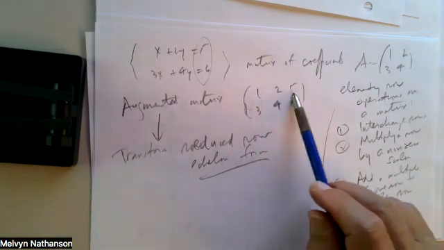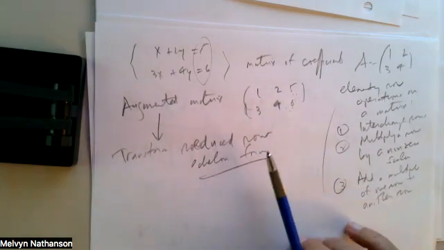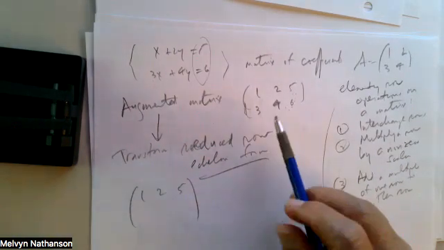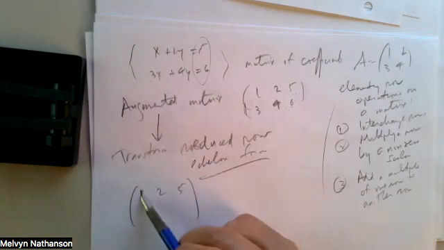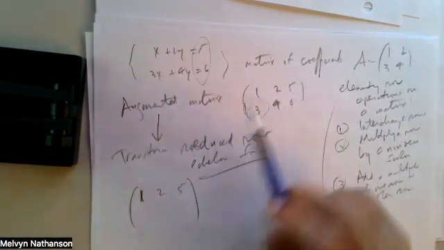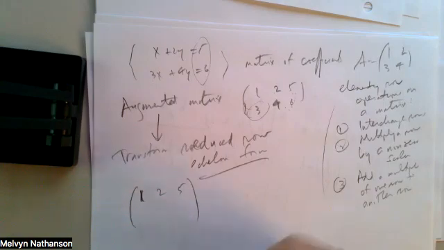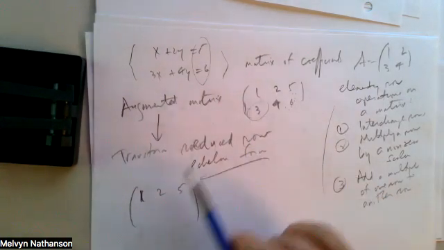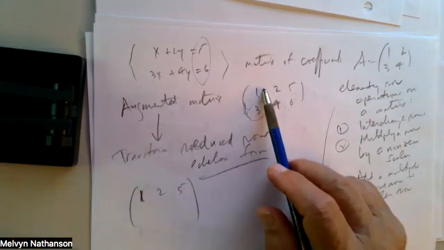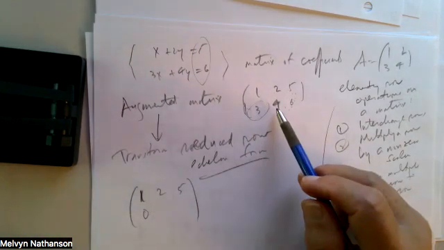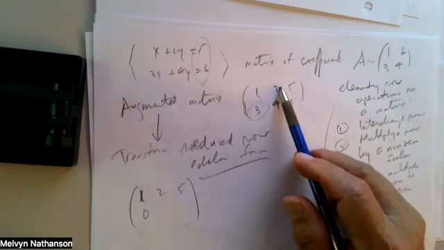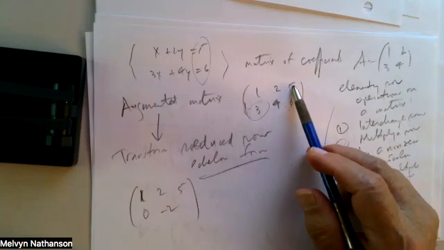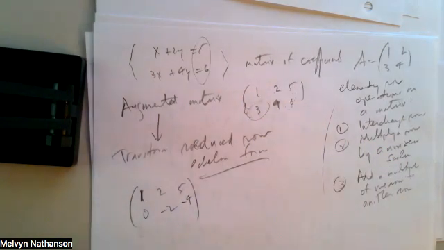So if I want to, for example, put this matrix in reduced row echelon form, I have 1, 2, 5. This starts with a 1, so I don't need to change the first row. But I want to get a 0 here. So I can take the second row and subtract 3 times the first row. So 3 minus 3 is 0. 4 minus 6 is minus 2. 6 minus 10 is minus 4.